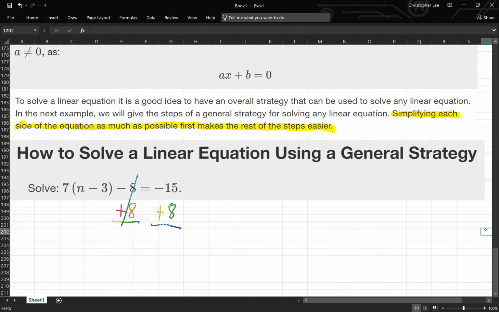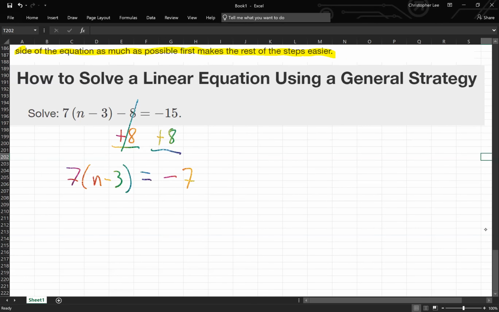And now, what do I have left over? I have 7 times n minus 3 is equal to, what's negative 15 plus 8? So it's negative 7, right?